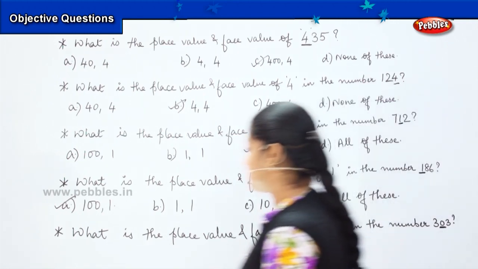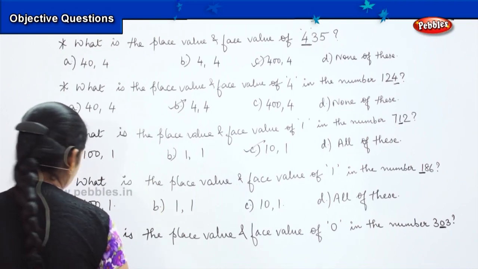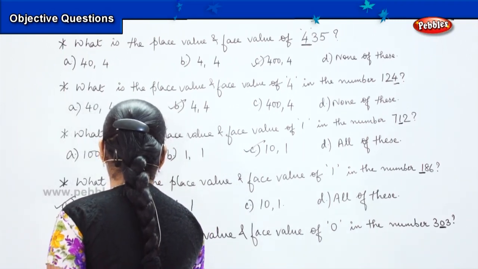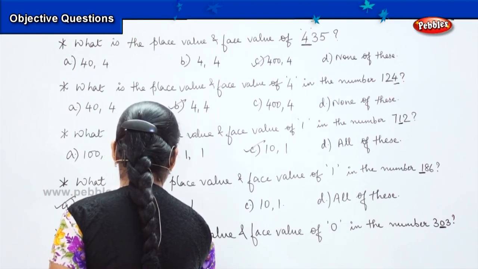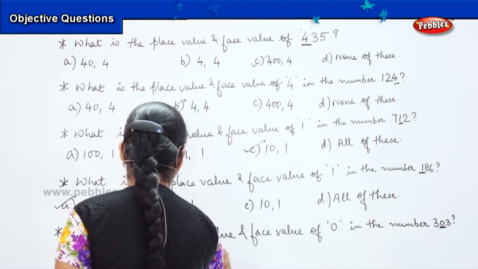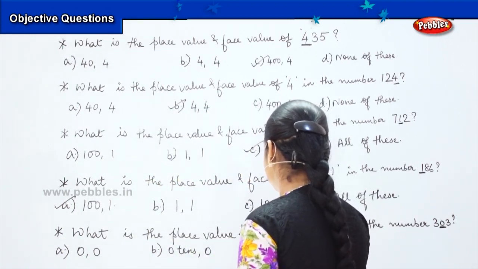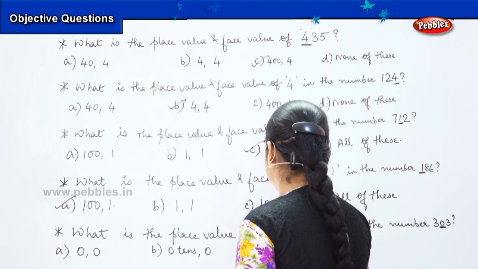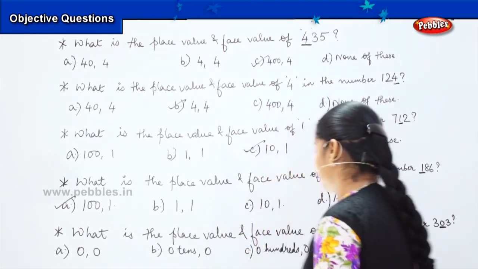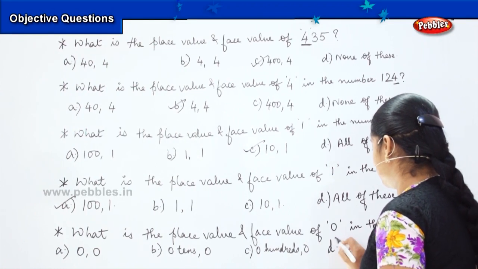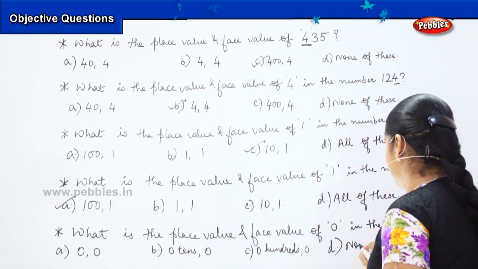And my options are: 0 and 0. The next option is 0 tens and 0. My third option is 0 hundreds and 0. And my fourth option is none of these.